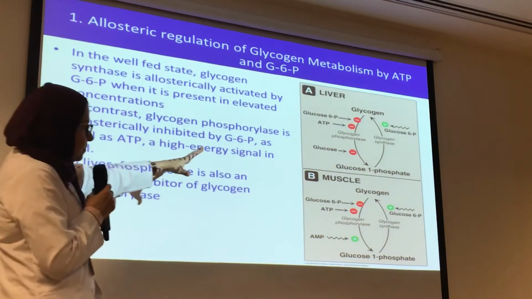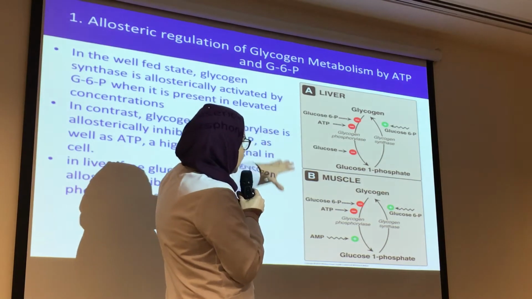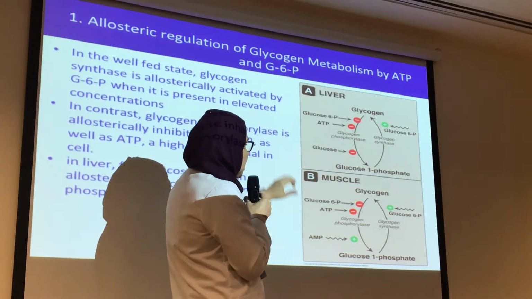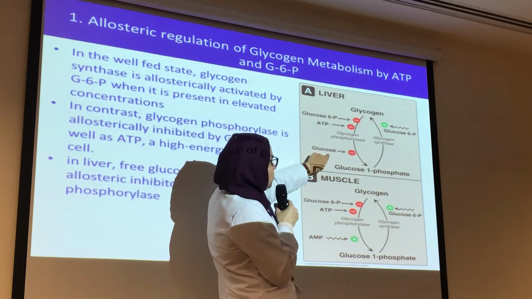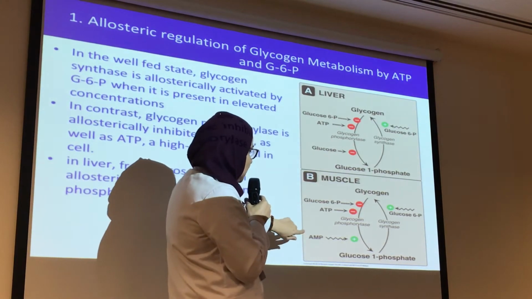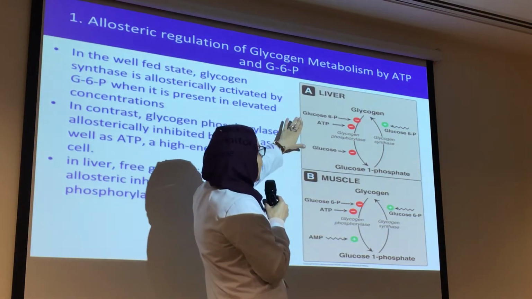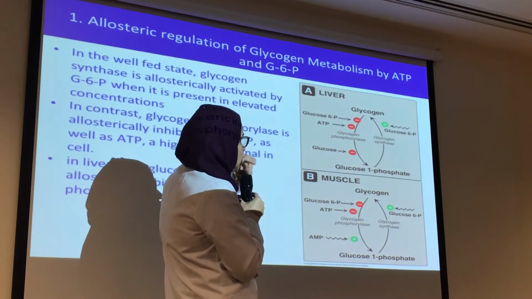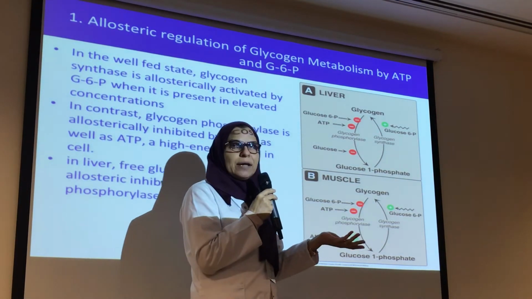Okay, and this is illustrated here. It's exactly the same, except that here we have free glucose, and here we have AMP. So let us look at the liver first. What is the enzyme needed to make glycogen, we said?